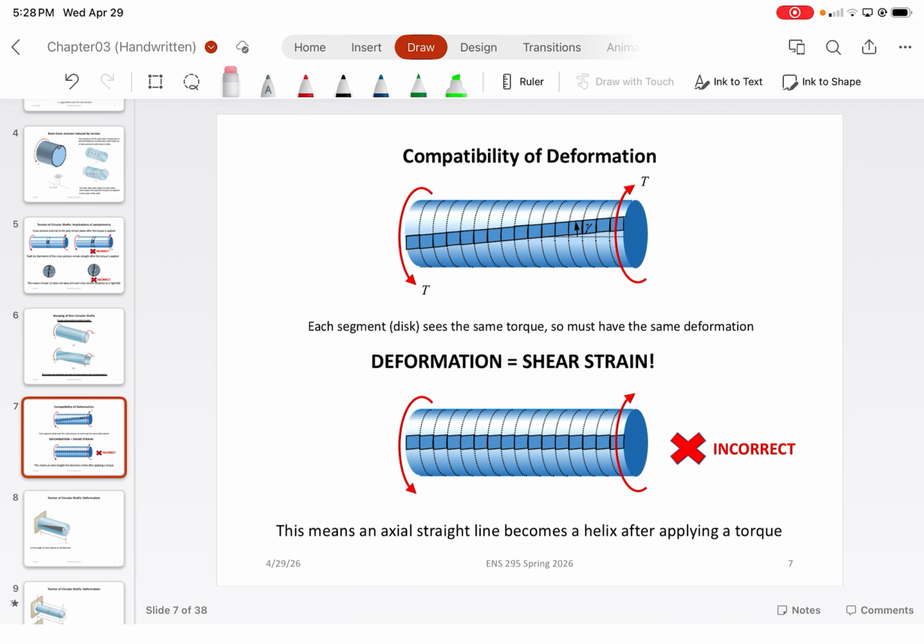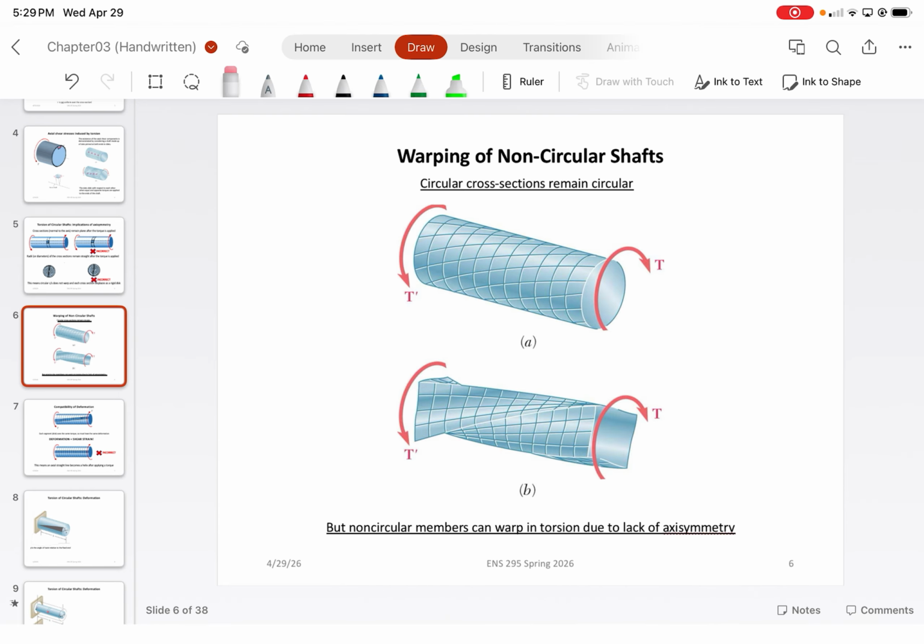All right. Now, we want to look at the compatibility of deformation. In other words, how do we determine our stress and strain equations? Again, we assume that the angle of rotation for every individual small area dA is basically along one continuous motion. You guys will have seen this here, where all of these lines are just one fluid motion.